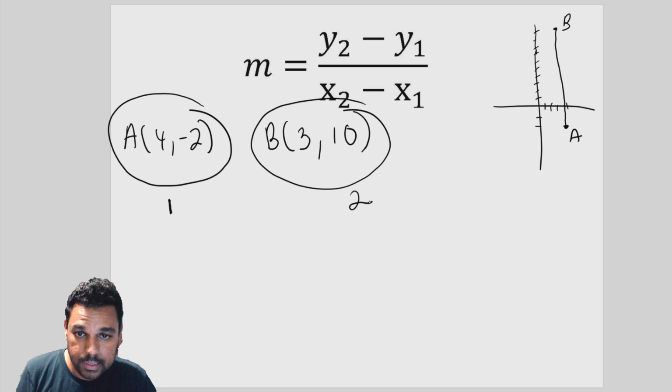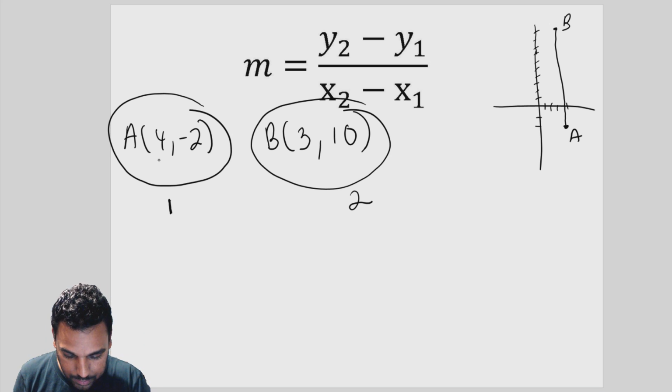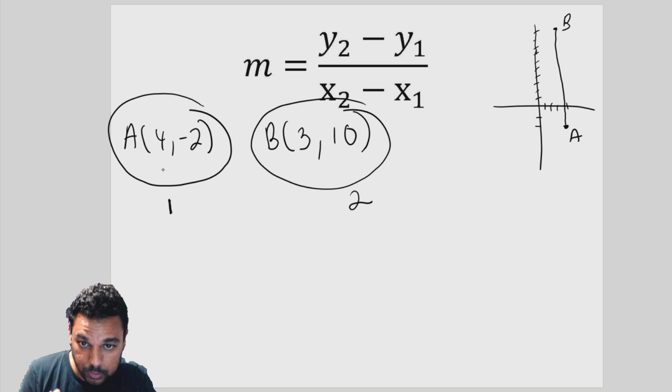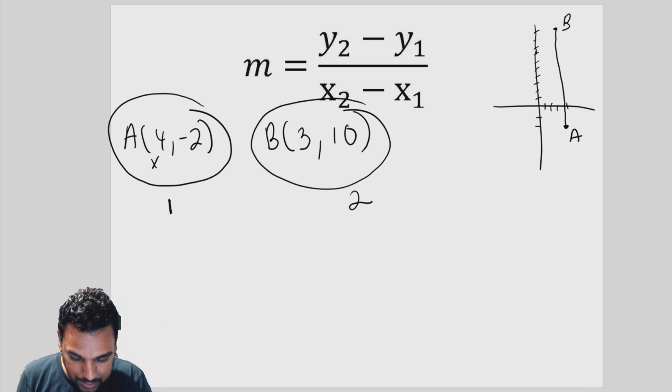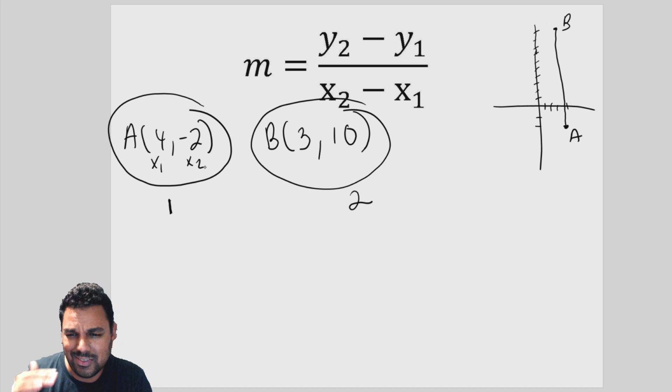Why I do it like this is because I find a lot of mistakes are made with calling this. So do not do this. What I'm about to do is wrong. Some people do x1, x2. That isn't true, because in a point, the first one is your x, the second one is your y. It's a point on a graph. You have an x and a y.